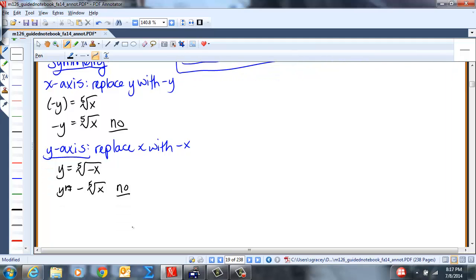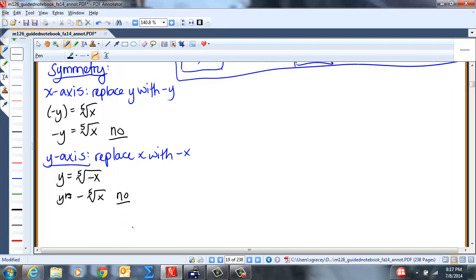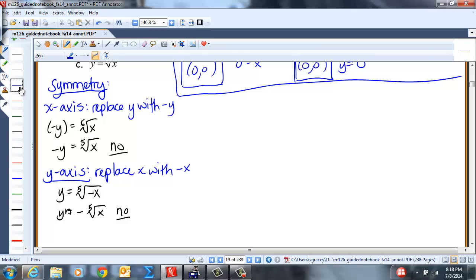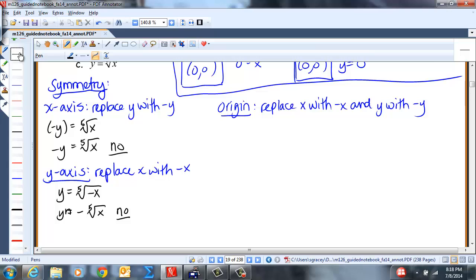So let's go up here on the side and do the origin over here. So this one you replace x with -x and y with negative y, and see if you get the same thing. So negative y equals the fifth root of negative x.